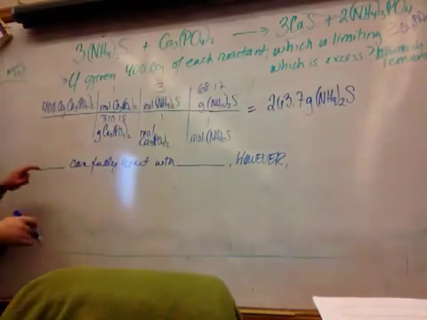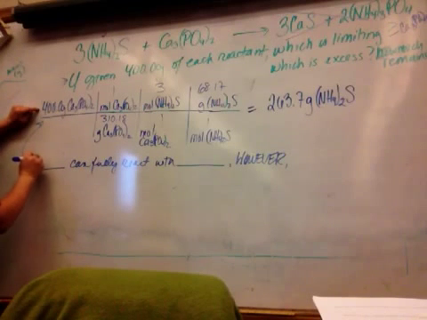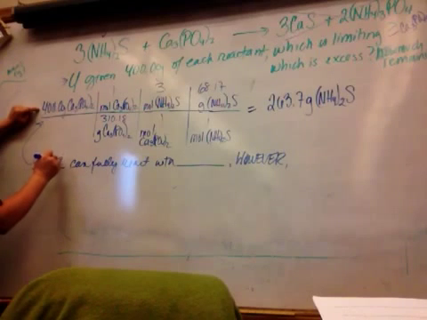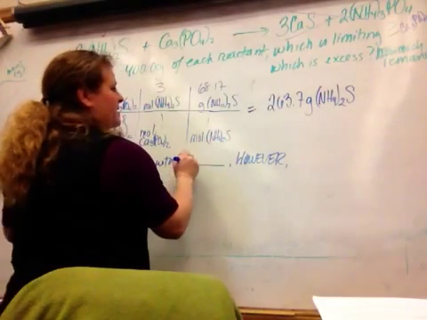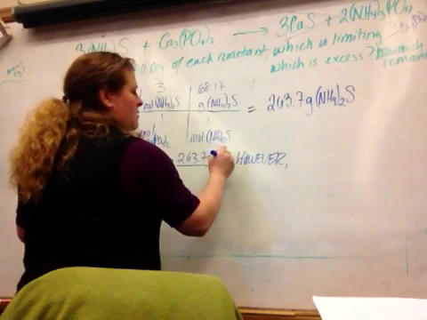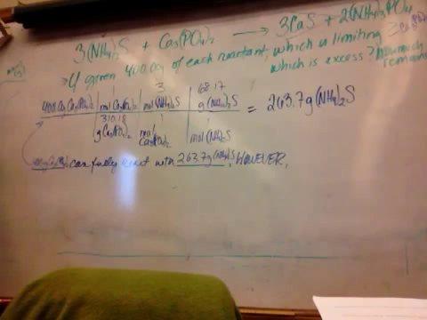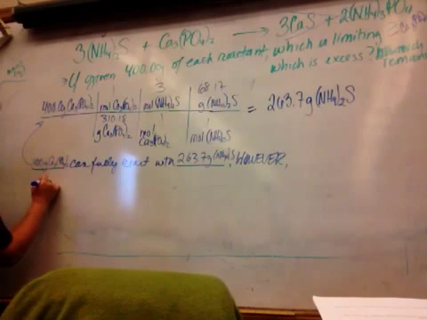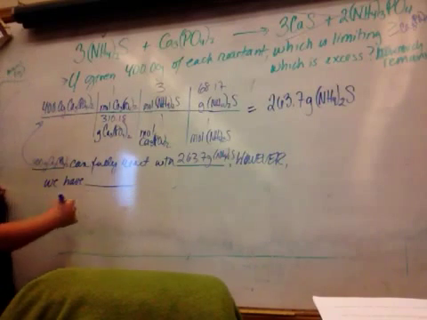However, so again, this first one is whatever was in our first square: 400 grams calcium phosphate. And this is still our answer, 263.7 grams ammonium sulfide. However, we have blank.